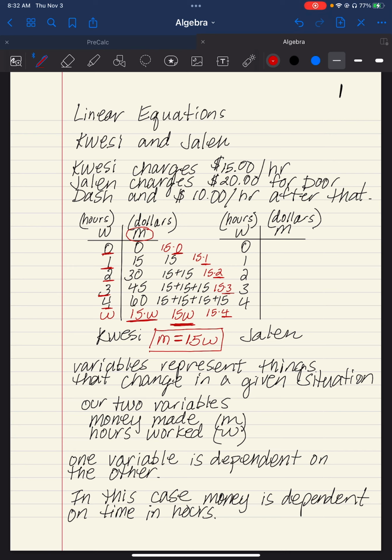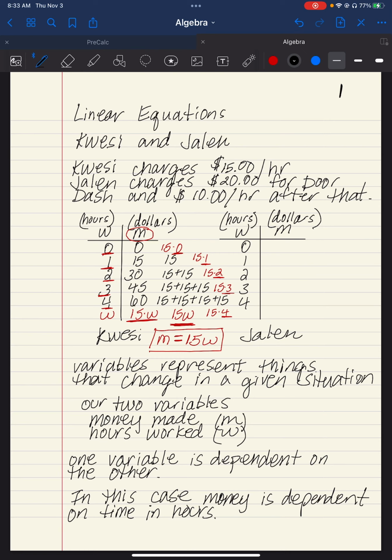But let's take a look at Jaden's scenario. So Jaden, we said, works, let's say, what are we saying here? Well, if Jaden shows up to the door, sorry, not Jaden, Jalen, I can't read. If Jalen shows up at the door and the family's like, oh, we don't need you tonight, we realized the kids are sick, they're still going to hand him the $20 DoorDash card just for showing up.